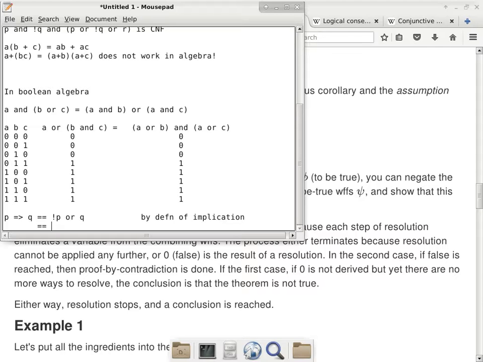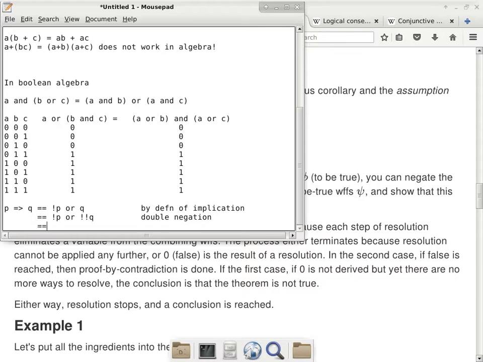Can I do this? Instead of just saying Q, can I say not not Q? Would that be okay? It's just double negation, right? It seems like I'm making something simple into something even more difficult, but this is just the identity of double negation.